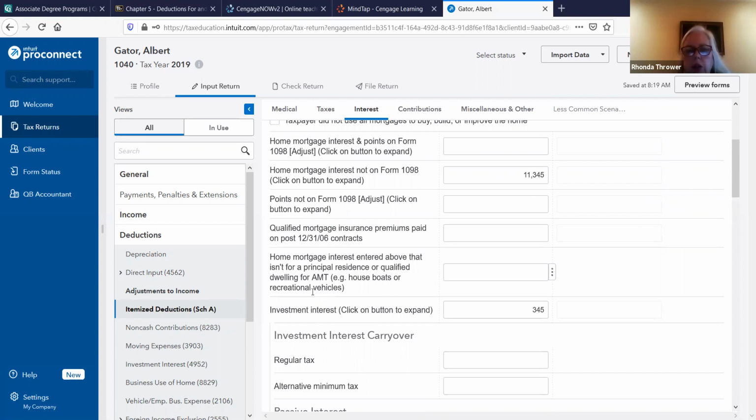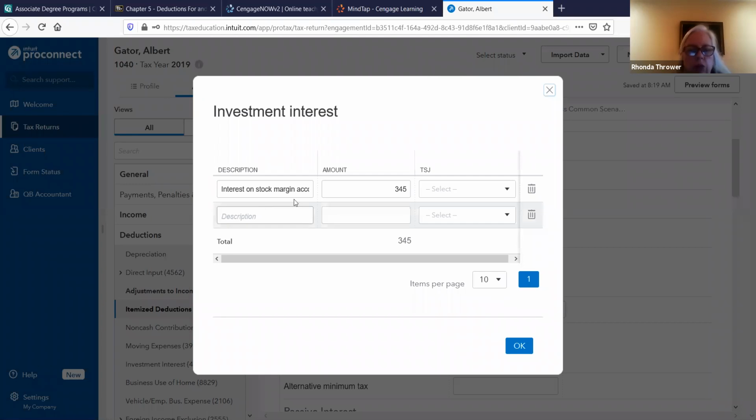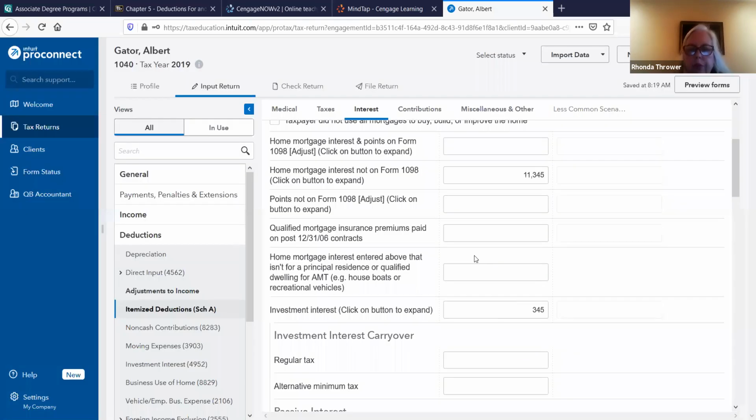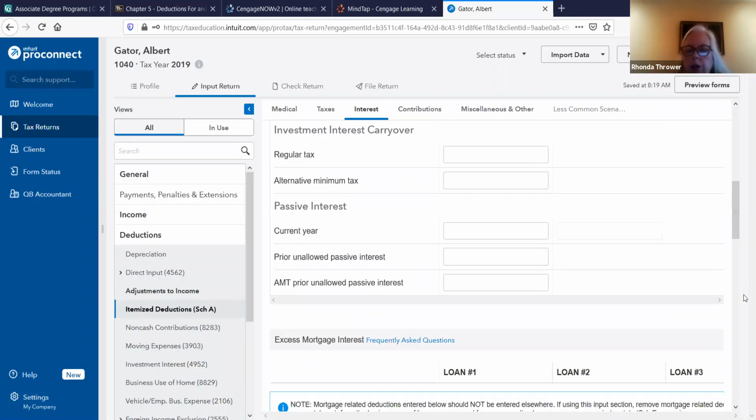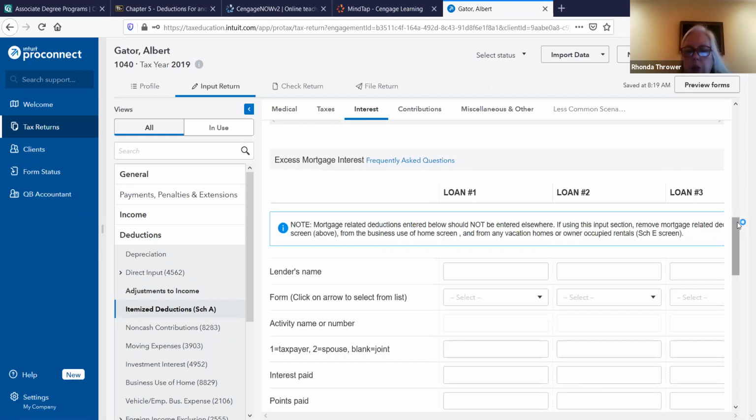And so down here under investment interest, I clicked on the box to expand it, and I wrote in interest on stock margin account, and the amount of interest was $345. And that is your interest. And that was all of the interest, but you could look at all this and see if there was anything else that you need to put in here.